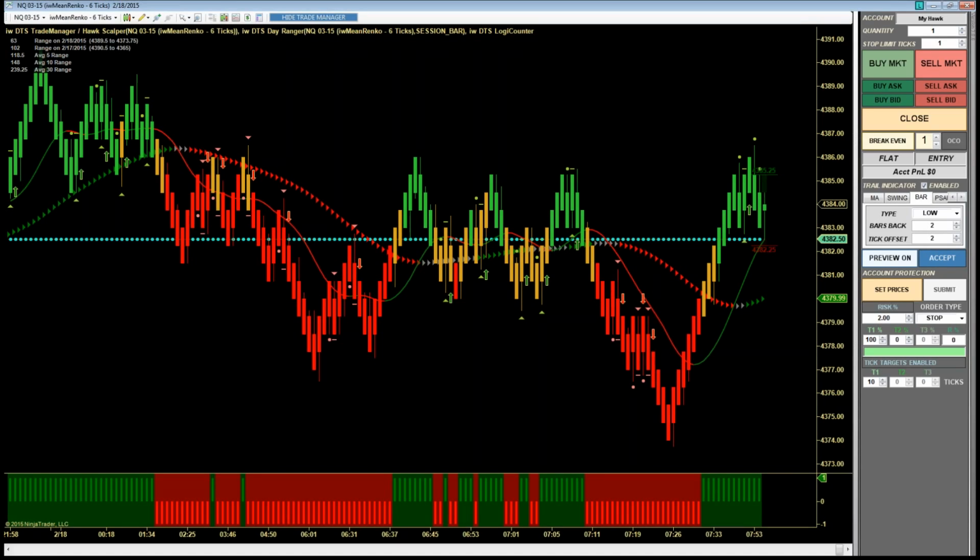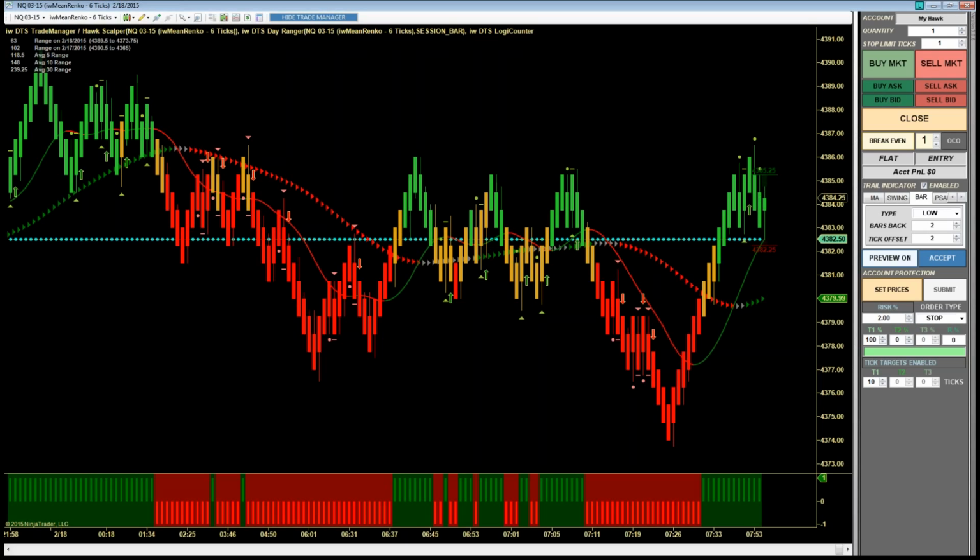The bar high low is a very aggressive stop strategy. The bar high low follows the market very closely. And here, I'm going to accept this right now so that we can get some action on it. And normally with the bar high low, I do something like I'm going to follow 2 bars back, maybe a 2 tick offset.